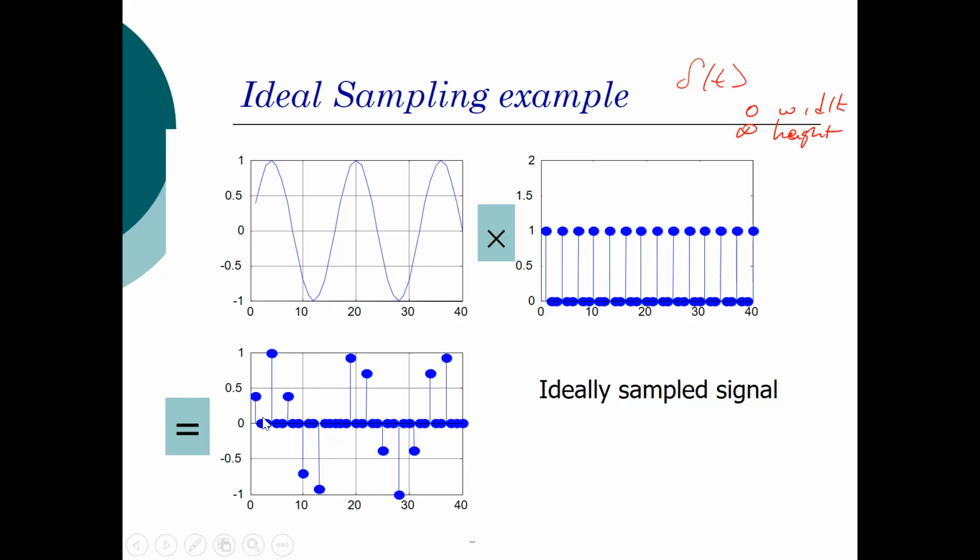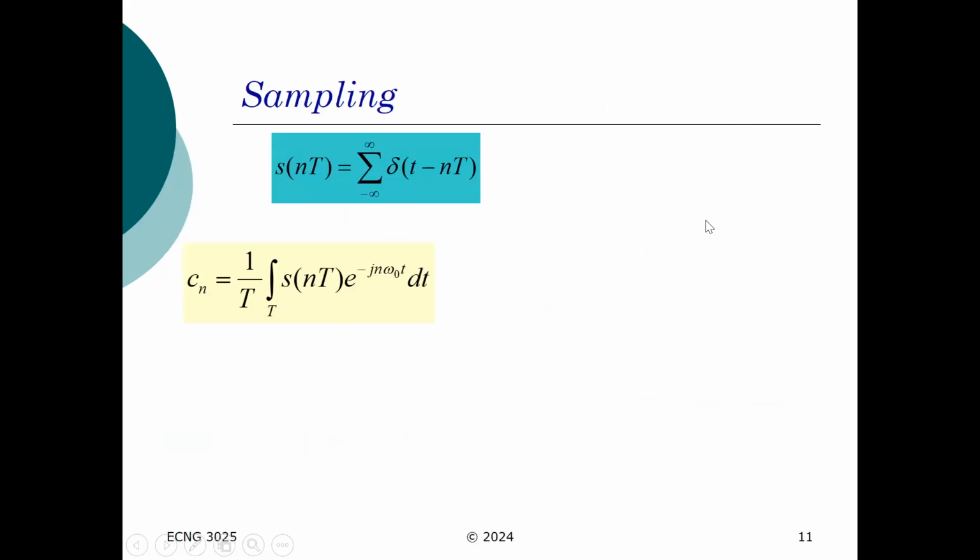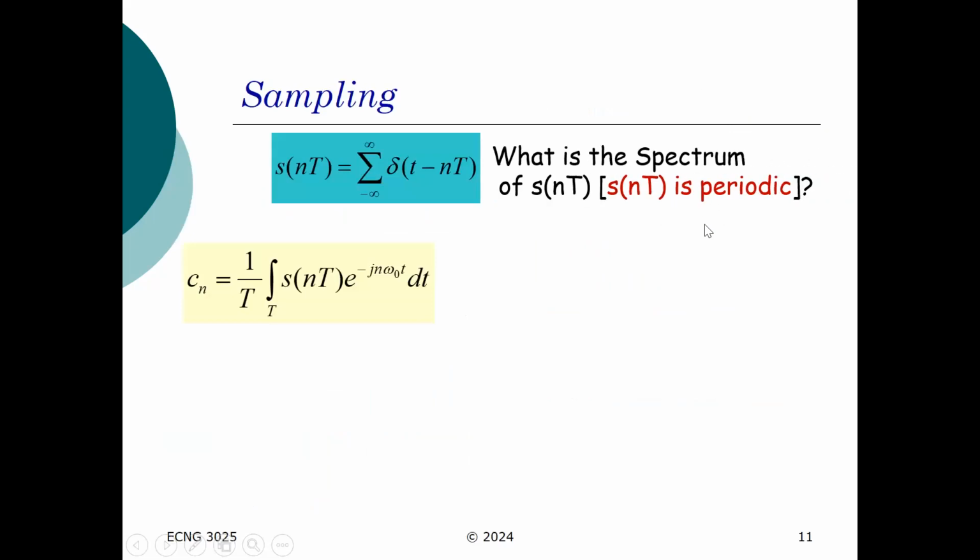Then if you're lucky, you get the sort of sampled signal that you have here down below. Right. So if I were to ask you a question, I have the sampling signal s(nT), which is a series of impulses. This is the sampling train, a series of impulses going on.